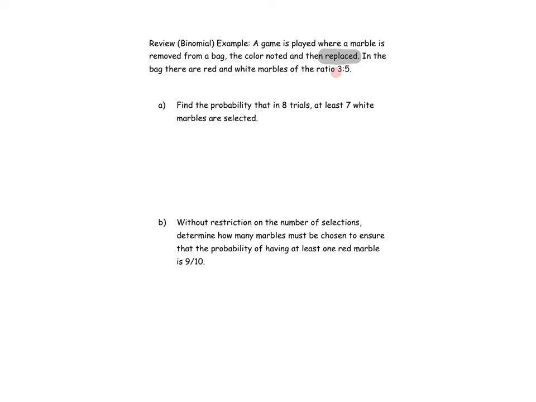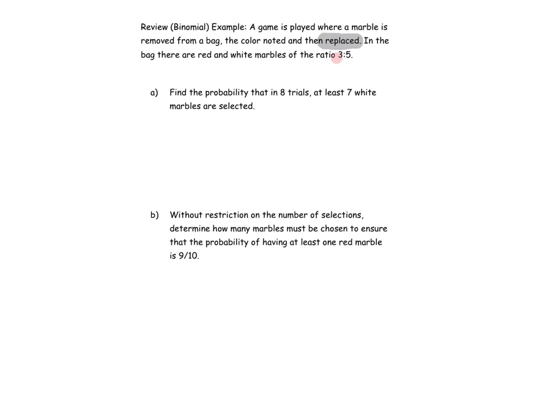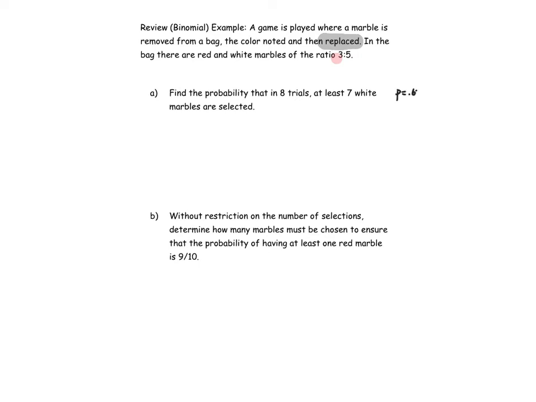So find the probability that in 8 trials, at least 7 are white. So we're calling success a white marble. We're going to call our probability p. p is going to equal 0.625. That's the probability of drawing a white marble at any given point.